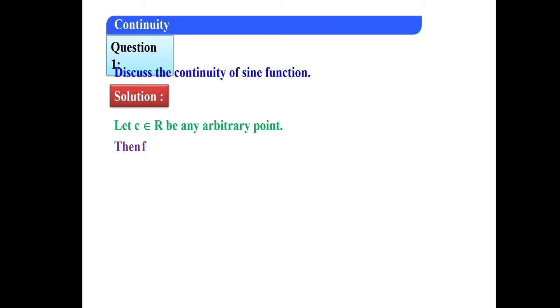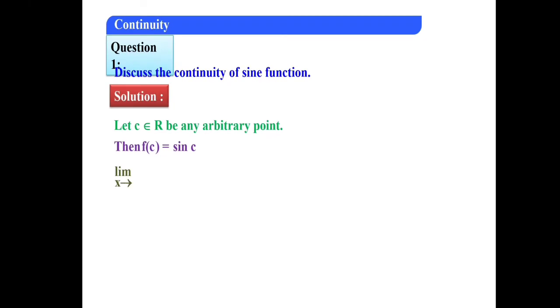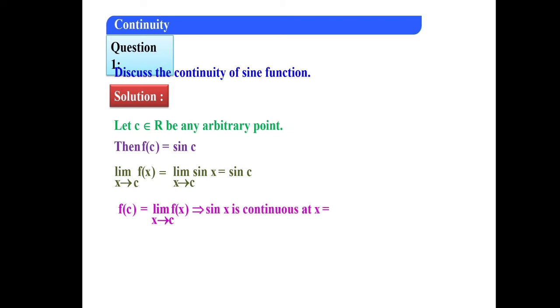Then f of c becomes sin c. Next, the limit as x tends to c of the function sin x is also sin c. So therefore we can say f of c is equal to the limit as x tends to c of f of x. This implies sin x is continuous at c, and c is an arbitrary point.